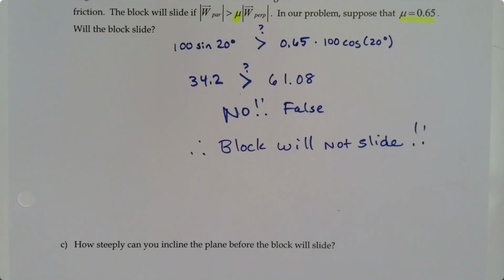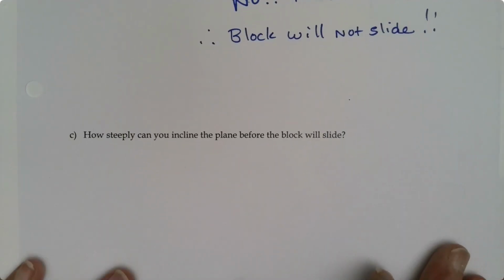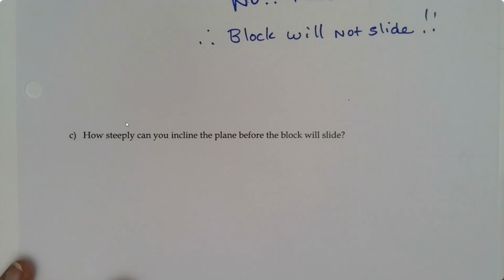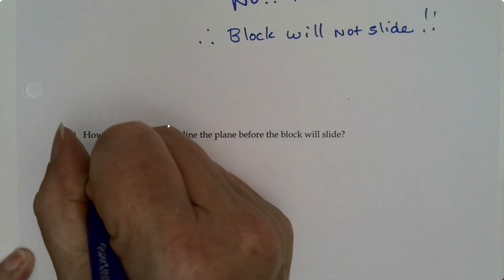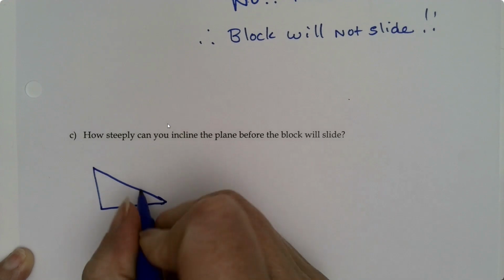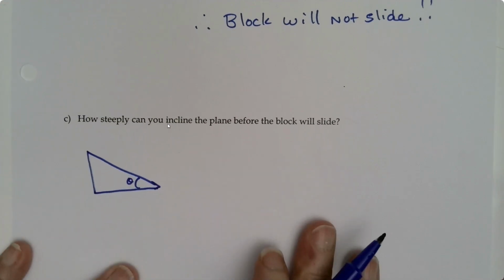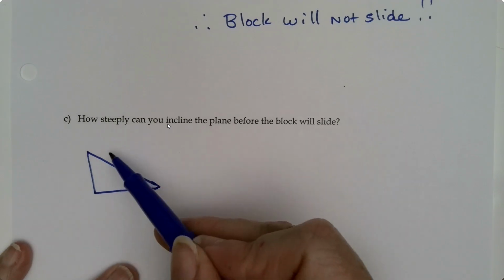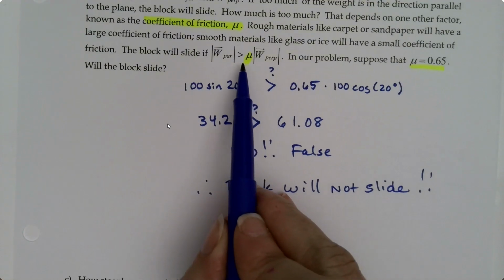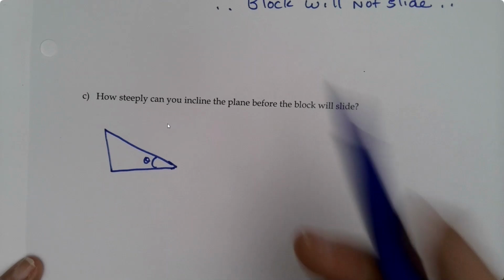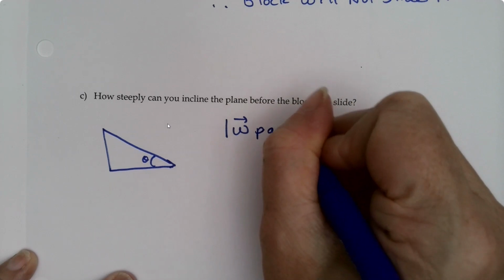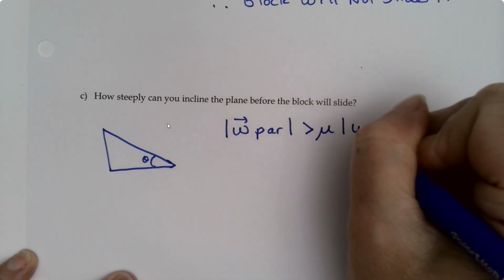Okay, so how could I get it to slide? How steeply can I incline the plane before that block is going to slide? Let's think about that for a second. We want to think about this block right here. This is our angle theta. It's going to slide when the parallel component is greater than the coefficient of friction times the perpendicular component. So what's the W in the parallel, and the W in the perpendicular?